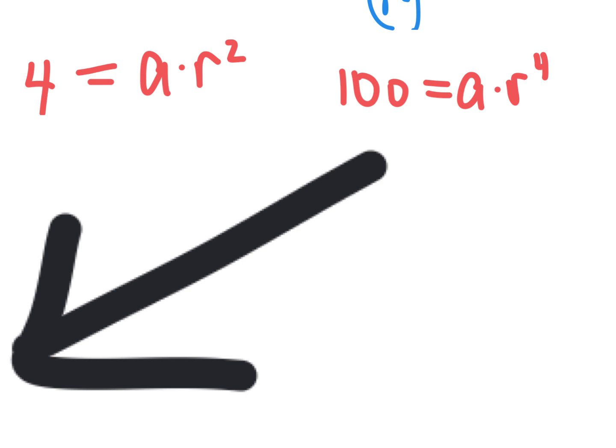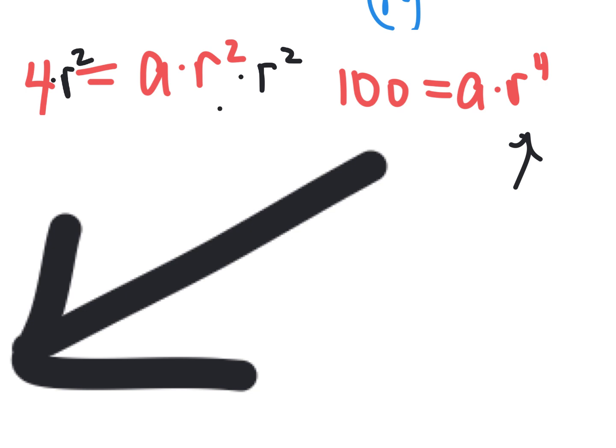Well, the difference is that this one's got 2 extra r's that this one doesn't have. So she thought, what if I multiplied this side by r squared so that it would be identical on that side of the equation? But you can't just go around multiplying by r squared on one side of the equation, but you can if you do it to both sides.